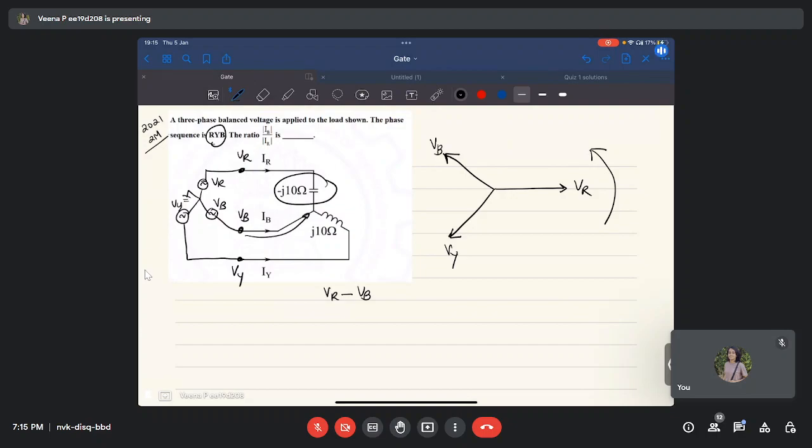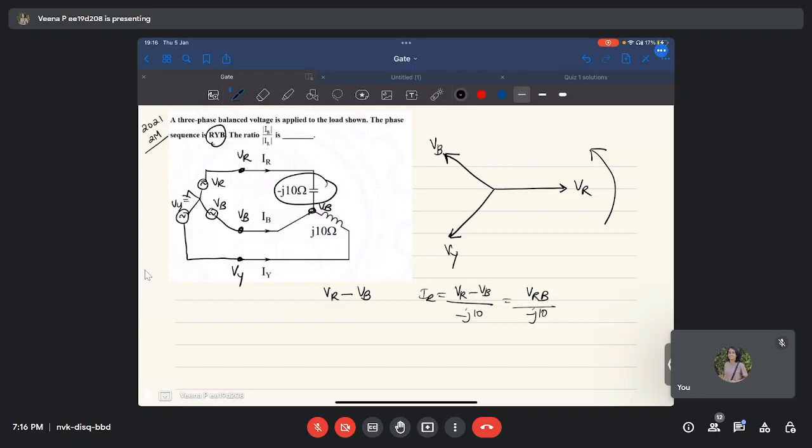Because this VB is the same as the potential here. Okay, so VR minus VB is the potential across the minus j10 ohm. So your IR is VR minus VB by minus j10, which is VRB by minus j10.